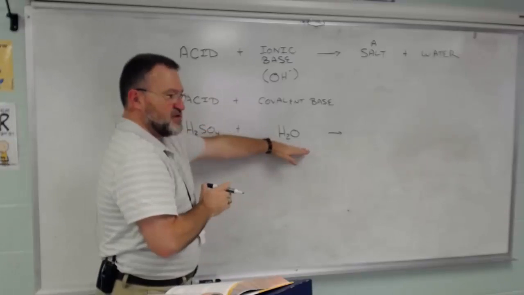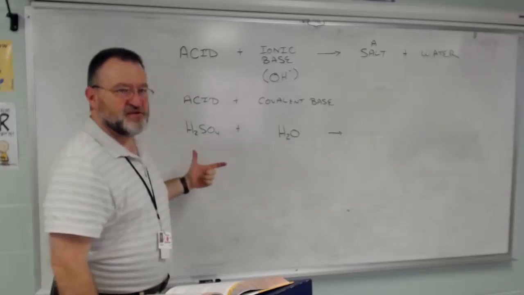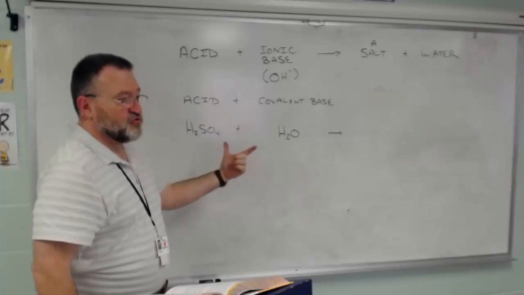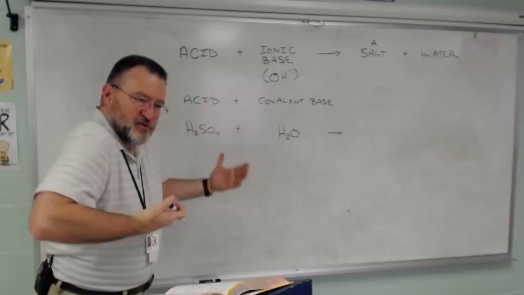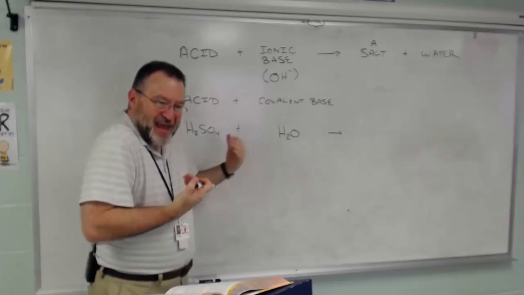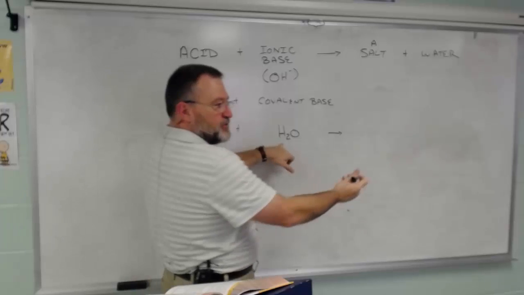I'm looking at my base. What is my covalent base going to do for the acid? It's going to neutralize it by taking on what? It's going to add one of the hydrogens to it. It's not going to break apart. It's going to add the hydrogen. If I add a hydrogen to H2O, what do I produce?